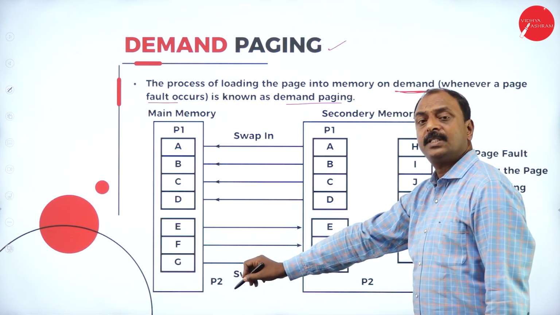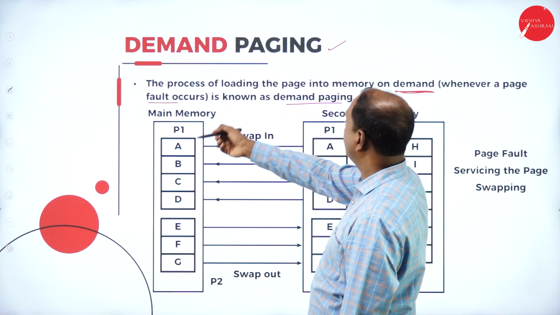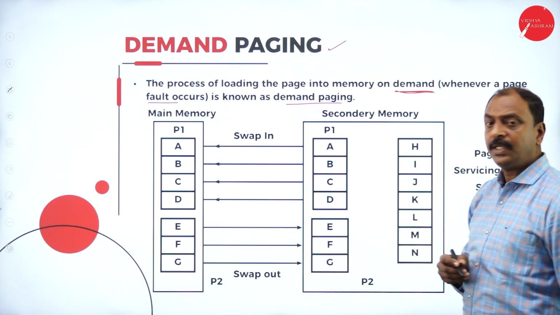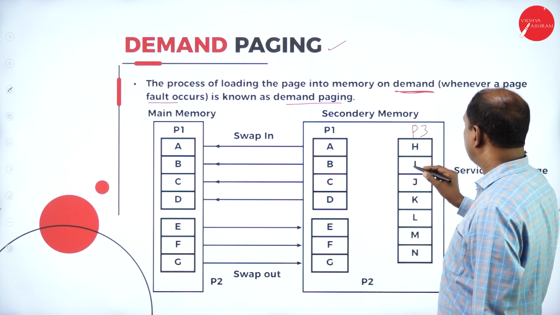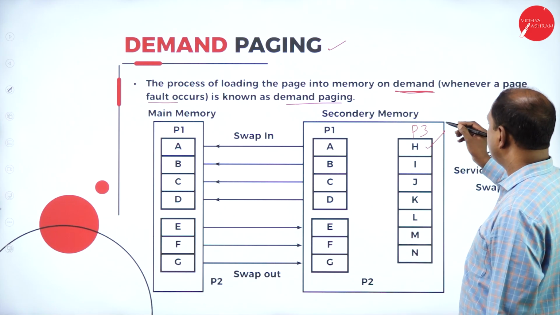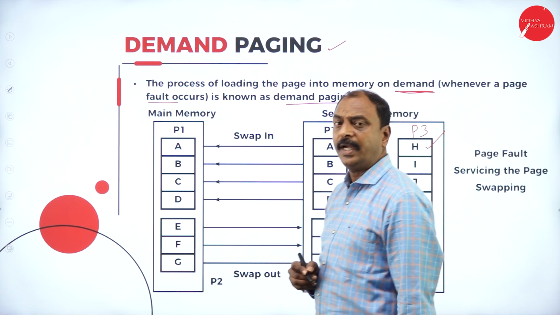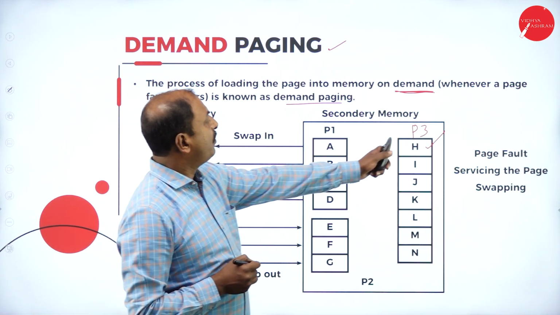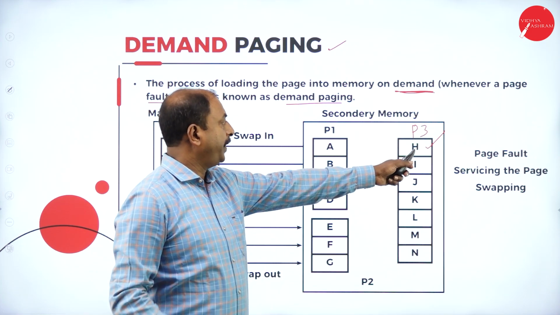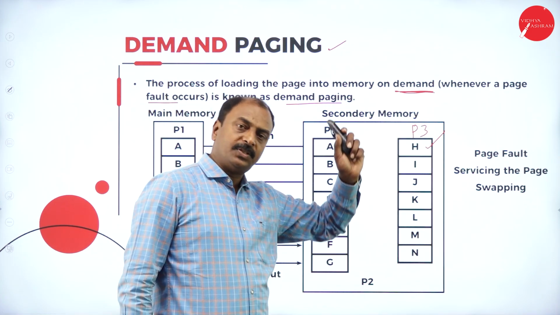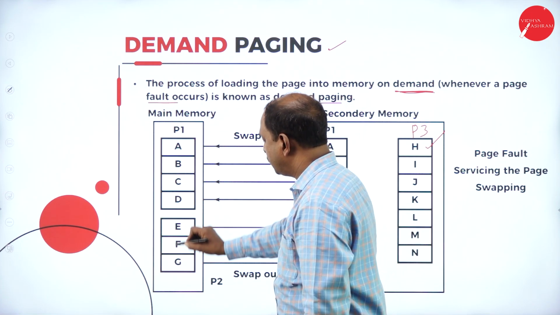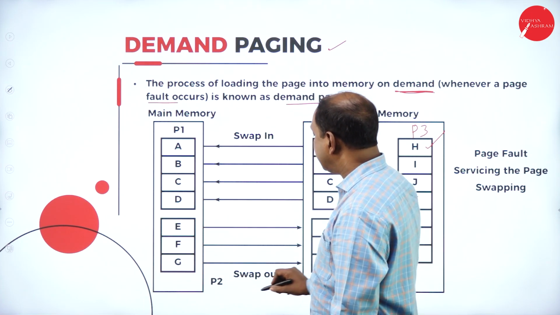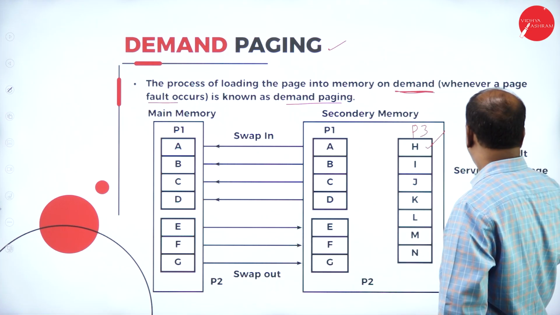Suppose the CPU requests a page, say this is page 3, and here frame 1. Suppose the CPU requests frame 1 of page 1 of process 3. In that case, the particular page is not available in the main memory, and that situation is called page fault.